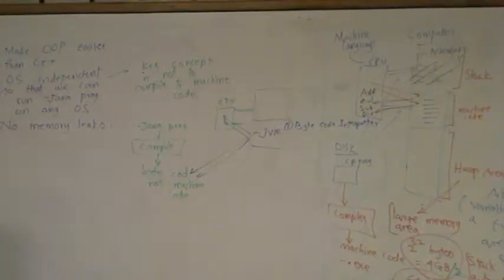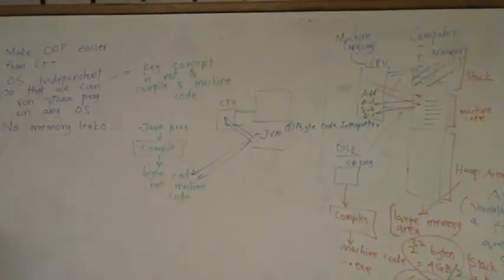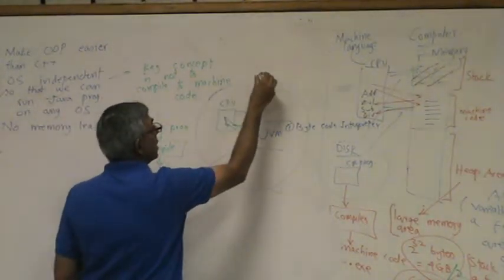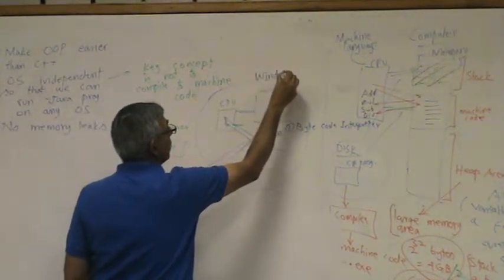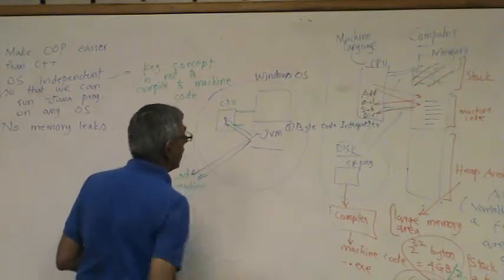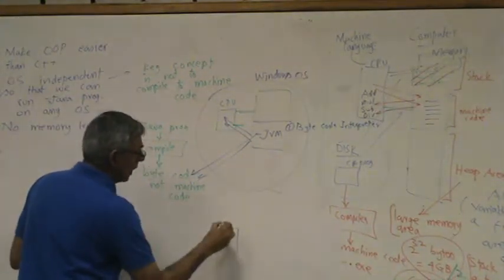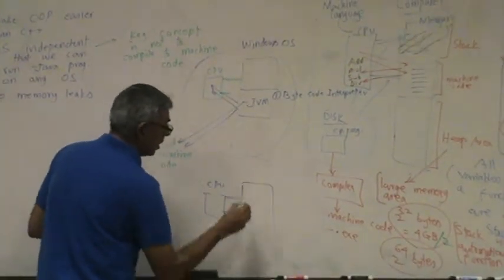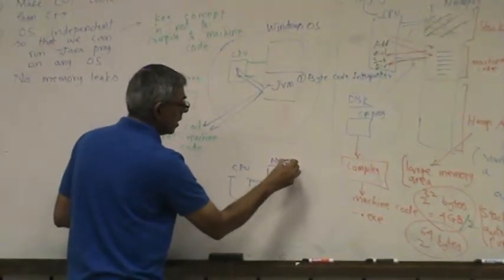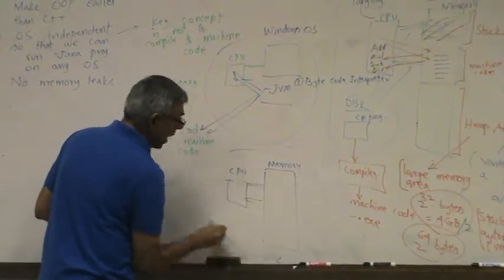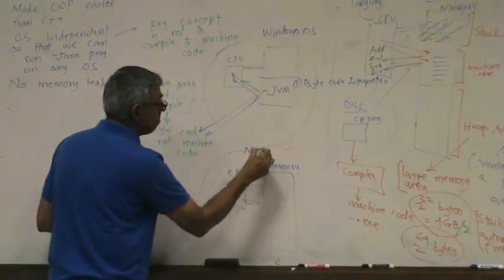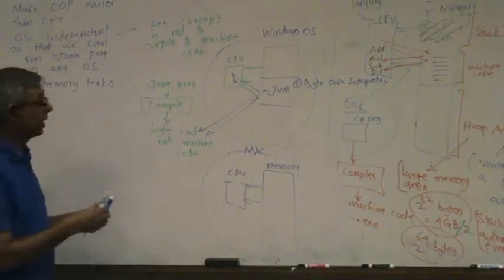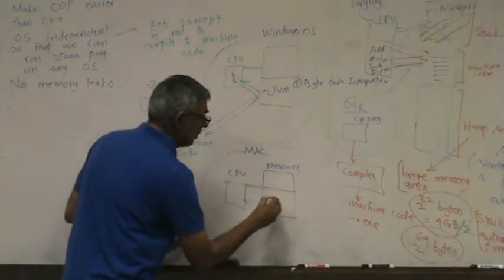Okay, so now how does it make it operating system independent? Pretend this is, let's say, the Windows operating system. Now let's go to Mac OS. Let's pretend somebody has developed the JVM for Mac.